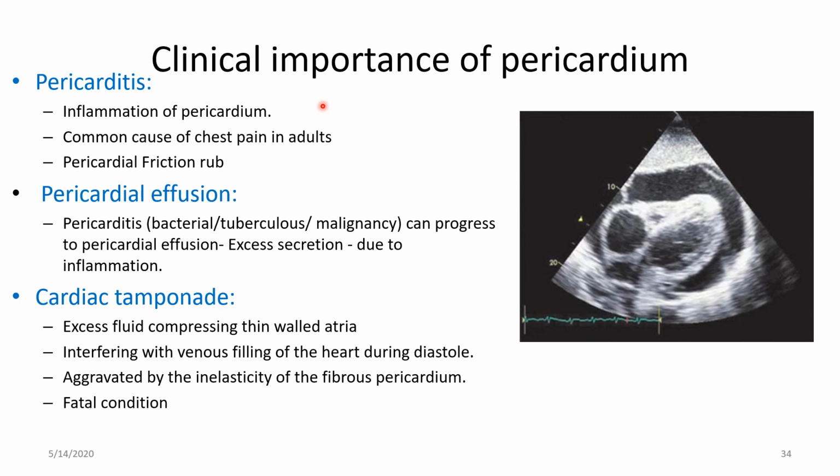And if the parietal and visceral layers of serous pericardium come in contact with each other, which can happen if the lubricating fluid is not there because of the infection, then the two layers can rub against each other, causing what is known as pericardial friction rub.